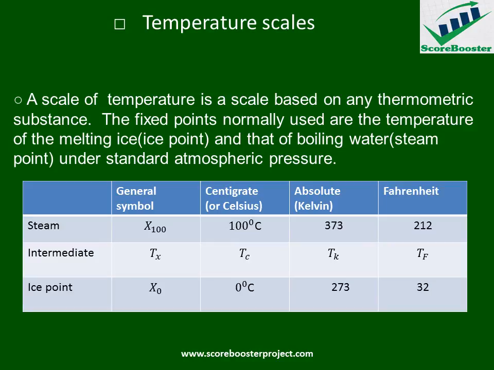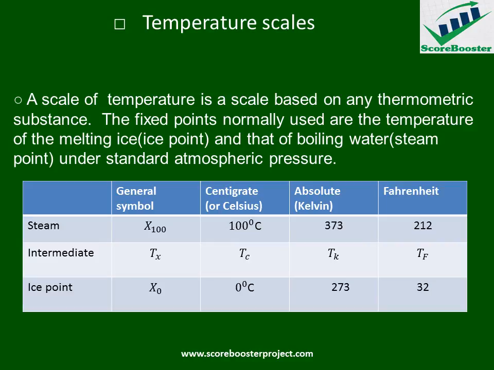We also realized in our video 22 that in converting any temperature, the essential factors we have to take note of are the steam and the ice point of each temperature scale. For example, the steam point generally will be represented by X100, while the steam point of centigrade is 100 degrees Celsius, the steam point of temperature in Kelvin is 373 Kelvin, while the steam point of Fahrenheit is 212 degrees Fahrenheit.